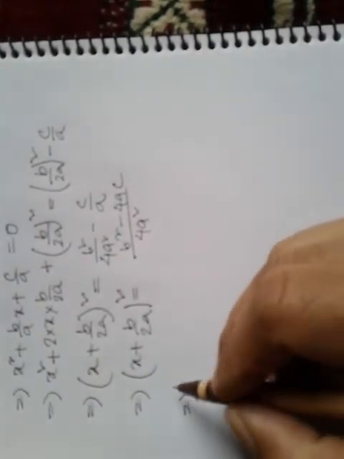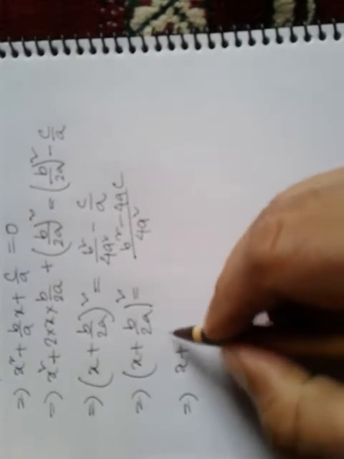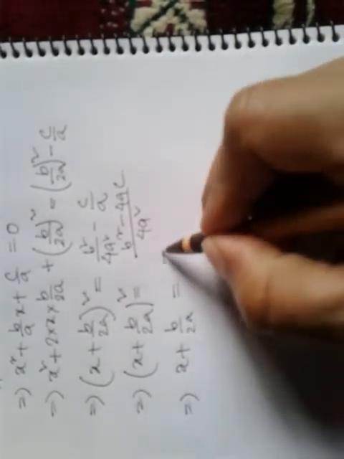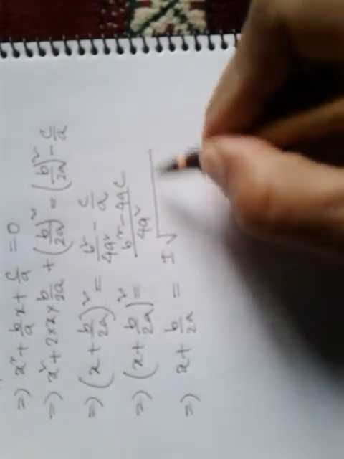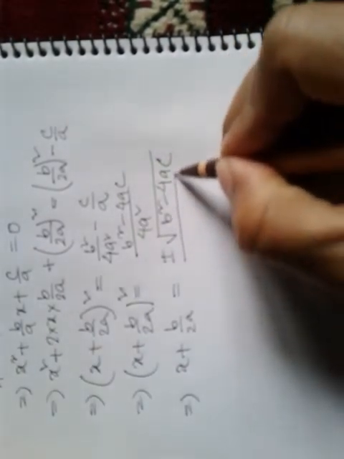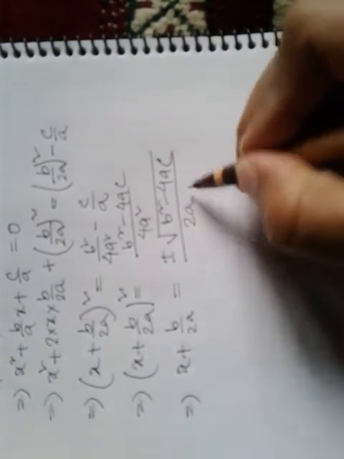that is x plus b by twice a equals to plus minus square root of b square minus 4ac divided by 2a. Square rooting 4a square, we will have 2a.